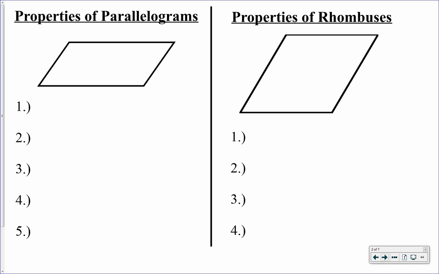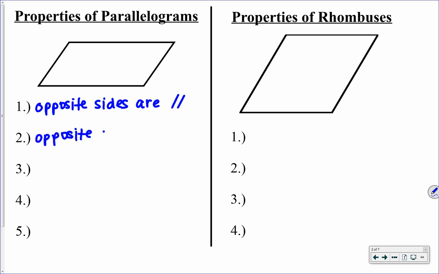So first off, we know that the opposite sides are parallel. The opposite sides are congruent. We also know that opposite angles are congruent.